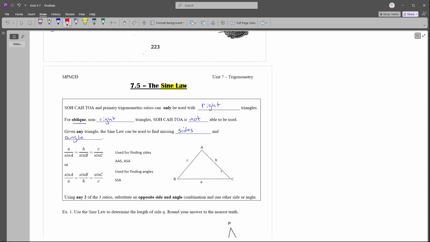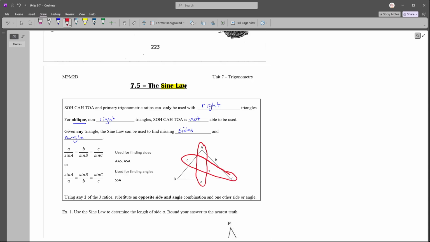For example, angle C with side C, and maybe the similar thing with A: angle A with side A. If I have 3 of those 4 pieces of information, I can calculate the 4th just by cross multiplying. Which ones you use will depend on the data you're given.